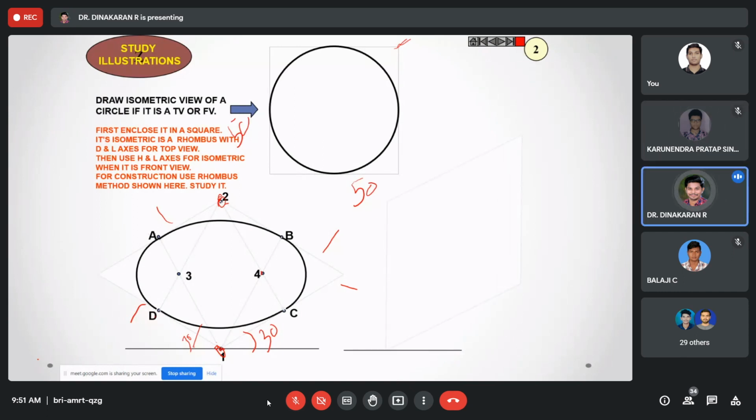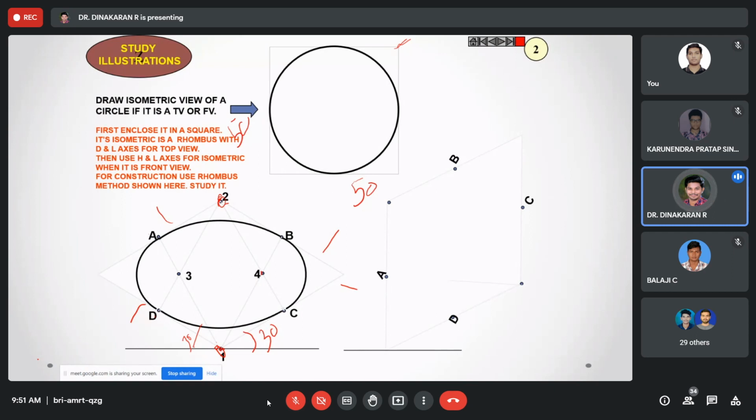You see, same method for the vertical plane. So after drawing a box, what is the next procedure? You need to get the midpoints of that. Midpoint. After that, you need to give a name. Then the opposite diagonal.